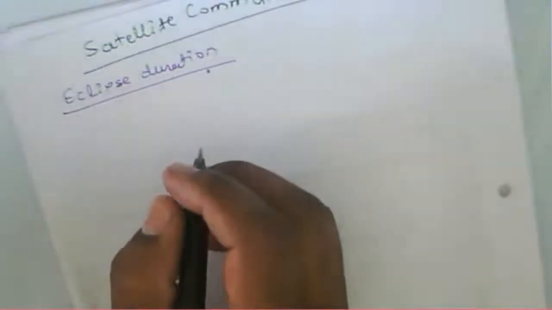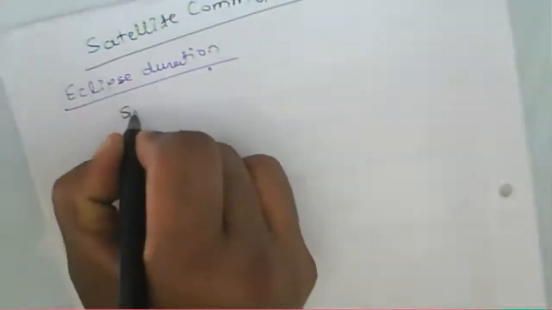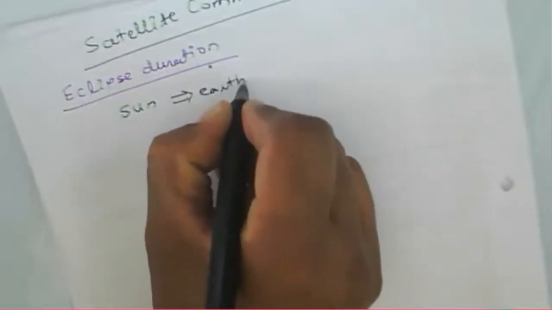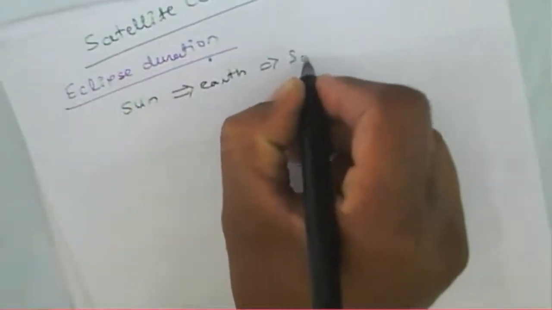So Earth eclipse, we have seen that an Earth eclipse occurs when a satellite falls in the shadow of the Earth. Means we say that Sun, Earth, and then there will be a satellite.